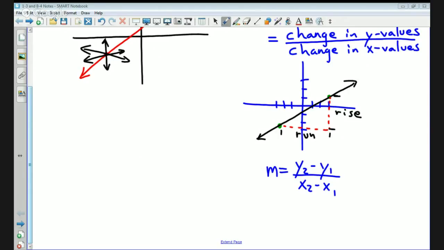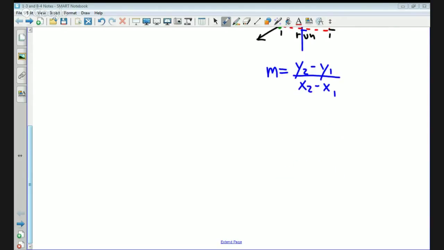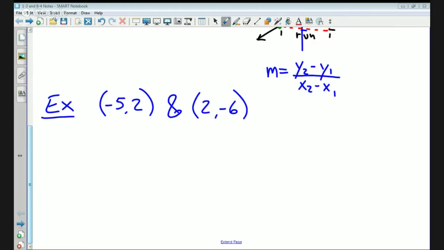So, for example, I wanted to figure out the slope of these 2 points. And let's go ahead and get 5, 2, and 2 comma negative 6. One of these points would have the subscript 1 attached to them, and the other point would have the subscript 2. In practice, it does not matter.